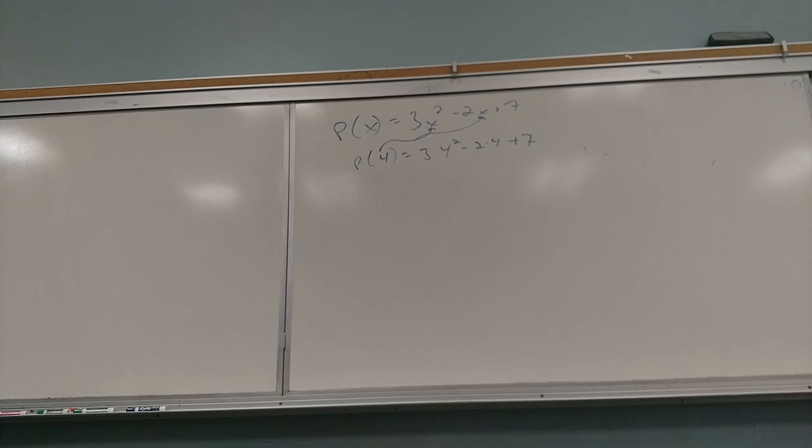If I hit graph right now, it's probably going to look freaky. Well, no, it's not too freaky. But see all this stuff they gave you? They want the x's to go from negative 5 to 5, and the y's to go from negative 30 to 10. They're trying to help you so you can see the whole graph, or enough of it.